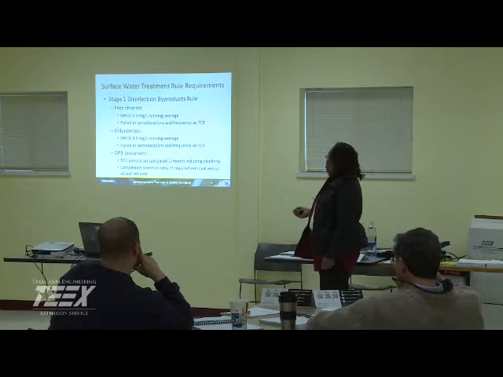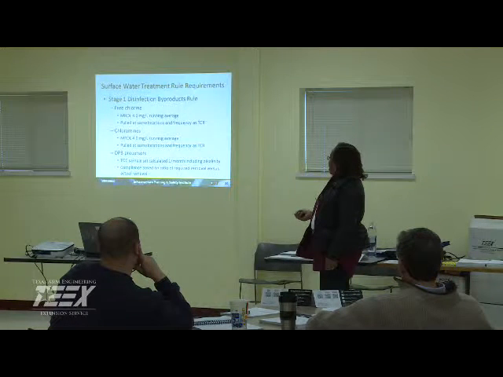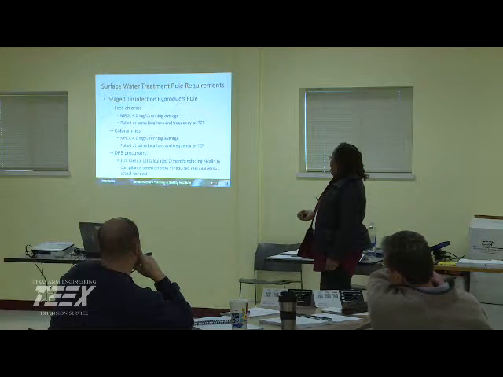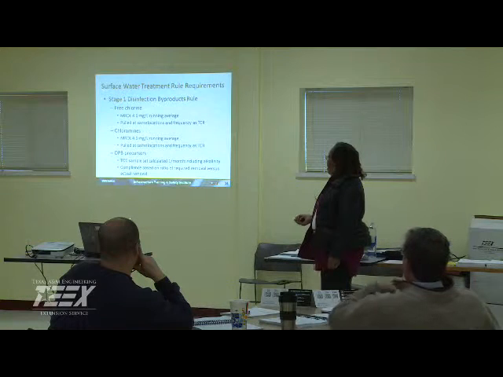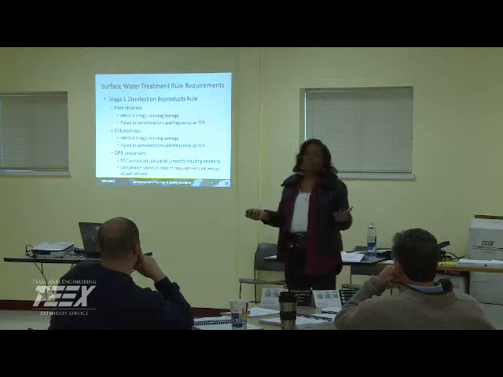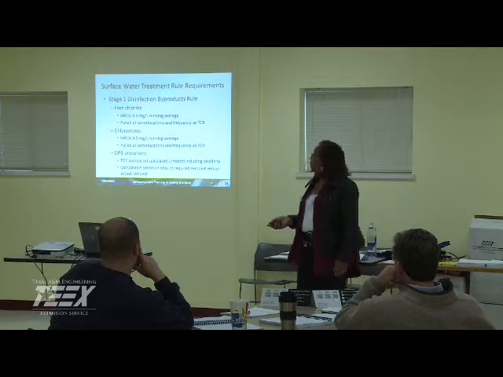There's also a 4 milligram per liter limit there, running average. For the DBP precursors, TOC samples are taken and calculated once per month. You want to include alkalinity for that, and compliance is based on the ratio of required removal versus actual removal.